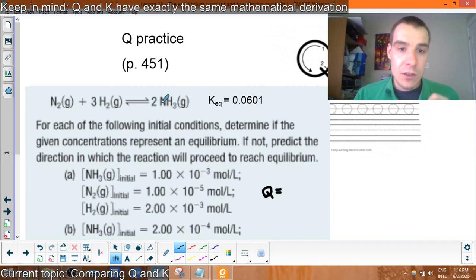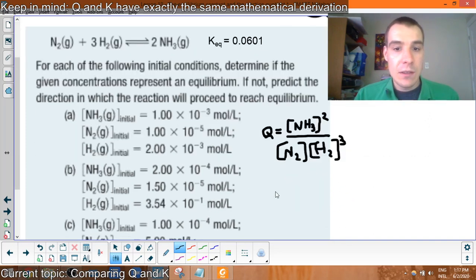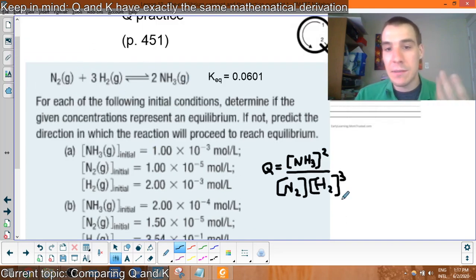So that's going to be the concentration of NH3, there's 2 of them, so it's squared, over the concentration of N2, that's our reactant, and the concentration of H2 cubed. So that's going to be Q for all of these because Q is just determined the same way as K. And then we can put in our numbers, right?